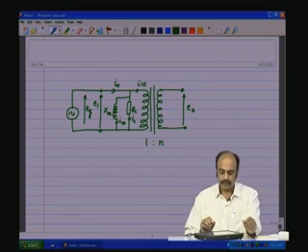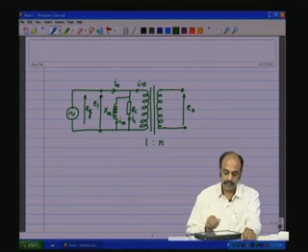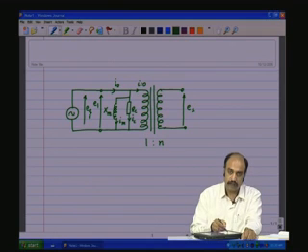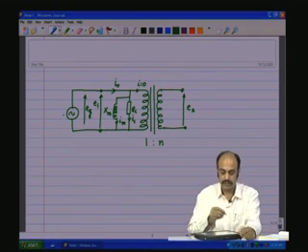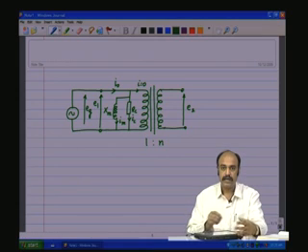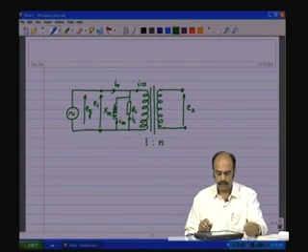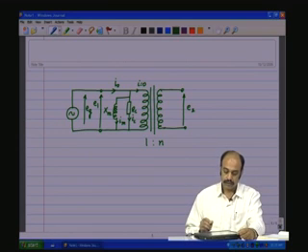Now, at this point let us formalize some notations. We have been interchangeably using uppercase and lowercase for the voltages and currents without being very consistent till now.